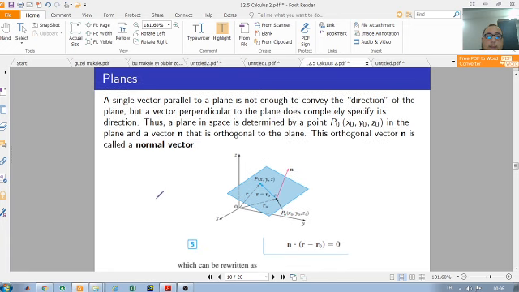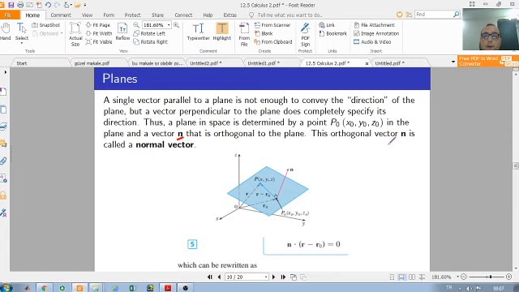Therefore, a plane in space is determined by a point in the plane, a point in the three-dimensional coordinate system, and a vector n that is orthogonal to the plane.